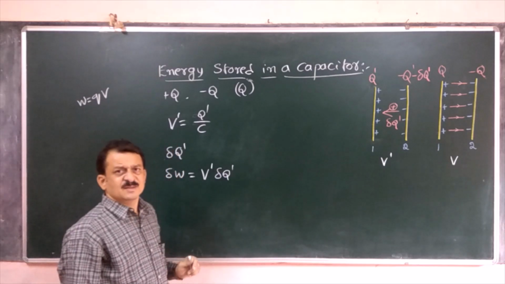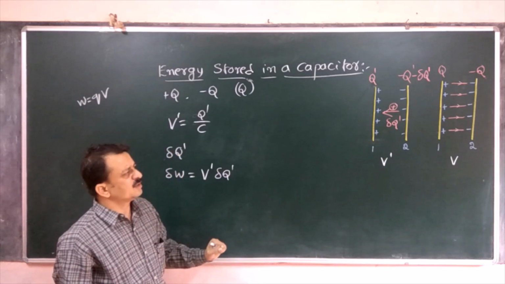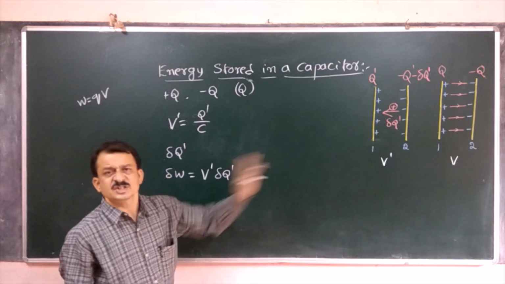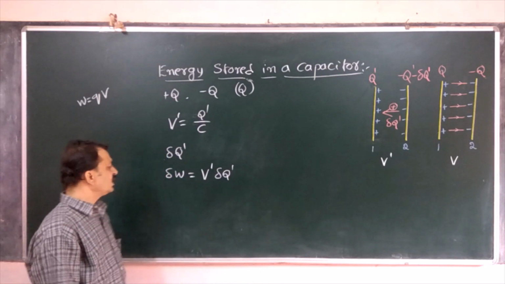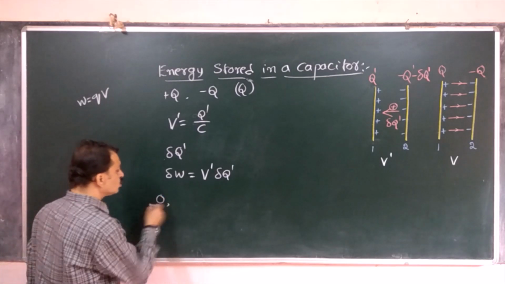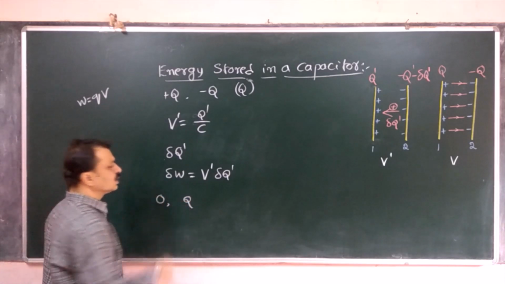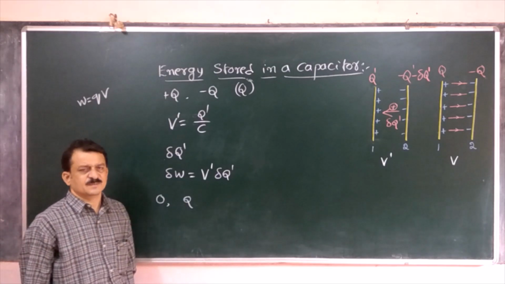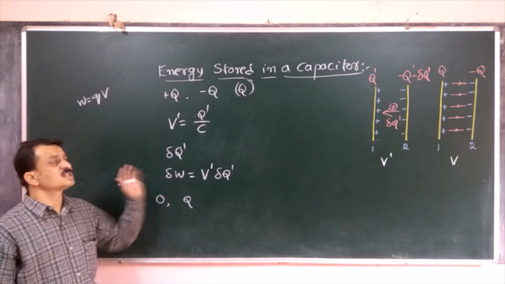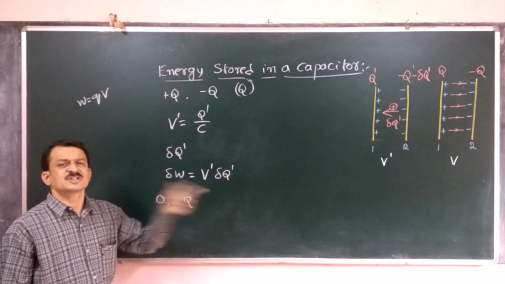Now, our aim is to transfer all the charges from the second conductor to the first conductor. So, initially the charge on each plate is 0. Now, I have to transfer in total Q amount of charges. Then, what is the total work done in transferring all the charges from the second conductor to the first conductor?